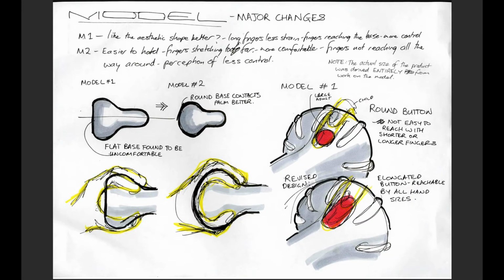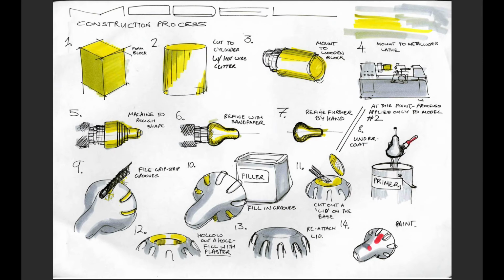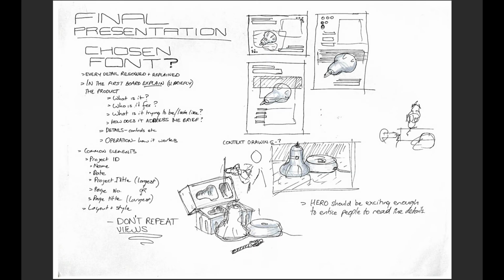Notes on changes made to the models, and even notes on the construction process, how this foam was lathed to create a regular shape, how filler was used to fill in any holes, and sanding and so on.